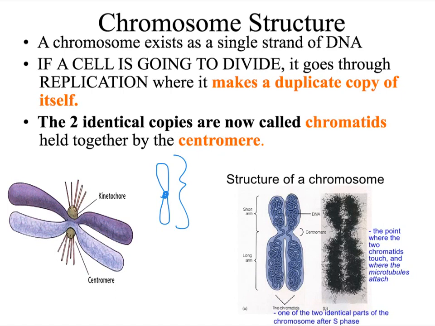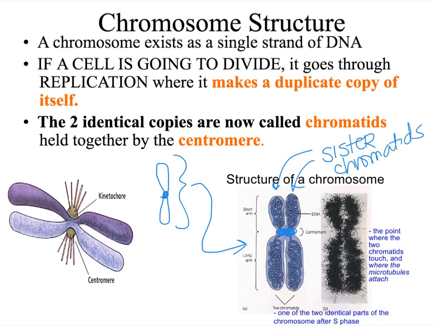Only if the cell is planning to divide will that stick make a copy of itself, and now you would have, here's again the centromere, and these two sides are called sister chromatids, and they are exactly identical to one another. The only reason they're there, now that we have twice the DNA, is so that later on, when this cell goes to divide, this can be split in half. One will go one way, one will go the other way, and each new cell will end up with basically one of these sticks.